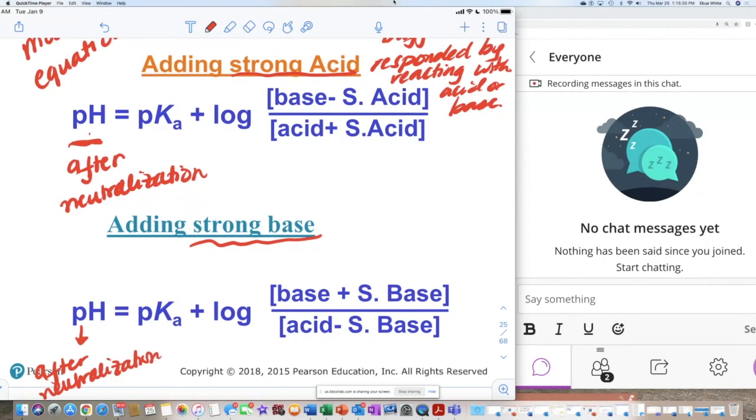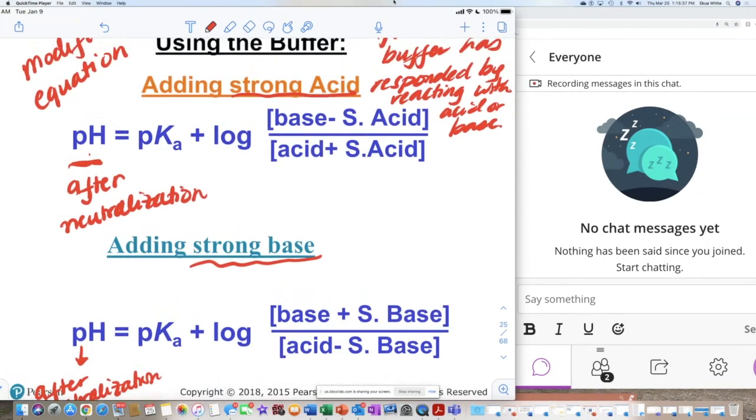So what I'm going to say here is to just cut to the chase. The effect of adding strong acid is that the strong acid concentration ends up increasing the acid amount, but in the process decreases the base amount. Okay?